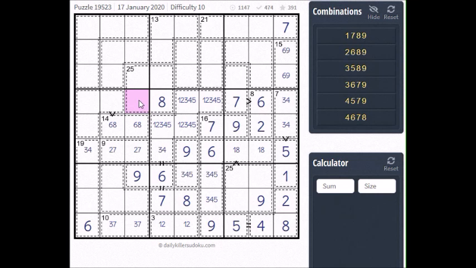So notice that if this is 4, 6, 7, 8, so the 6 and 7 cannot be there, because of the 6, 7 here, so they must be both down here in this cell, which is contradictory. So this 25 must include a 9, which must be there.